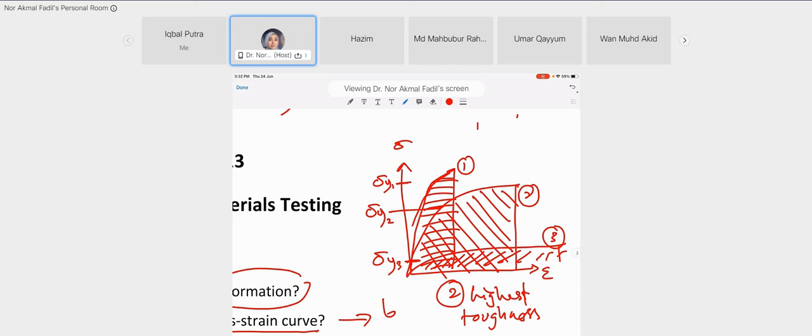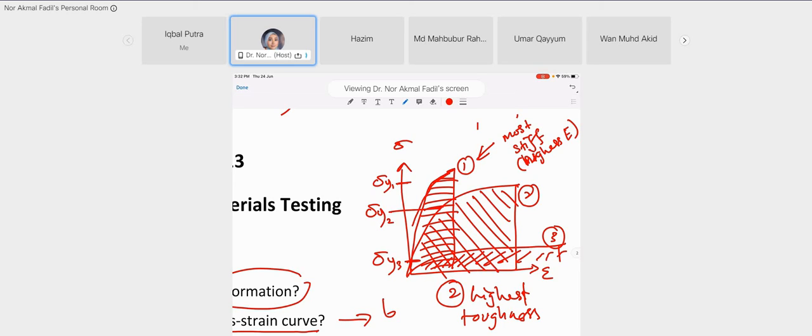Which one is the stiffest? The stiffest has the highest E, Young's modulus. It also has a higher strength because the yield strength is the highest.